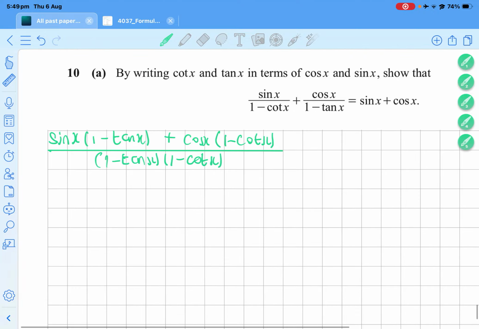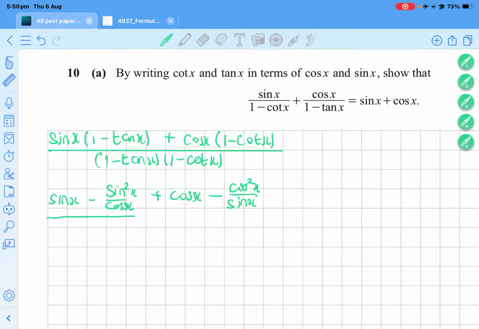So okay, I open up the brackets. So this I can write as sin square x over cos x, and then plus cos x, and then minus cos square x over sin x. The magic word was trigonometry.